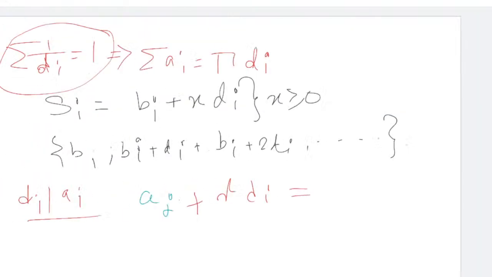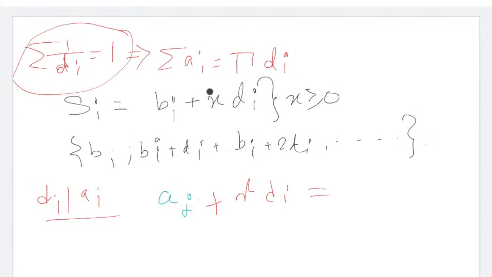Also note that di must divide ai, right? Can you go to page 3? Di must divide ai. If you look here, di divides the RHS.